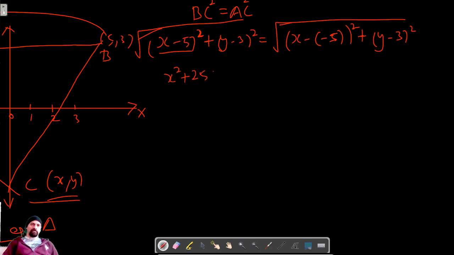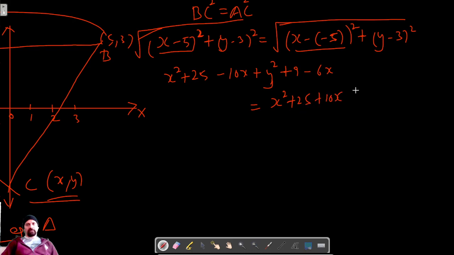So a square plus b square minus 2ab is minus 10x, and this is a square plus b square minus 2ab, minus 6y. This is x plus 5 now, which is a square plus b square plus 10x, plus a square plus b square and minus 2ab, which is minus 6y.